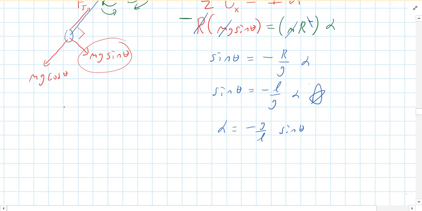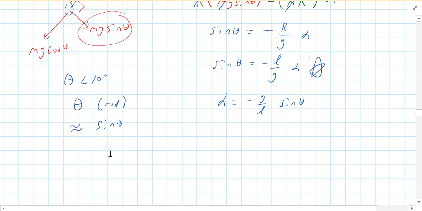Okay, it turns out for small angles, and we'll define small angles as less than 10 degrees, the angle in radians is roughly equal to the sine of the angle. So for instance, let's try 10 degrees. And I encourage you to grab your calculator right now and try this out, okay?